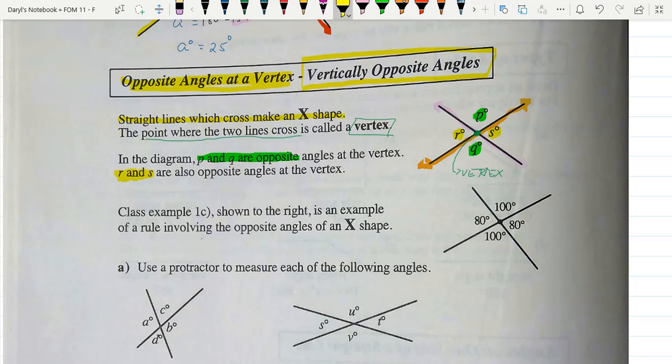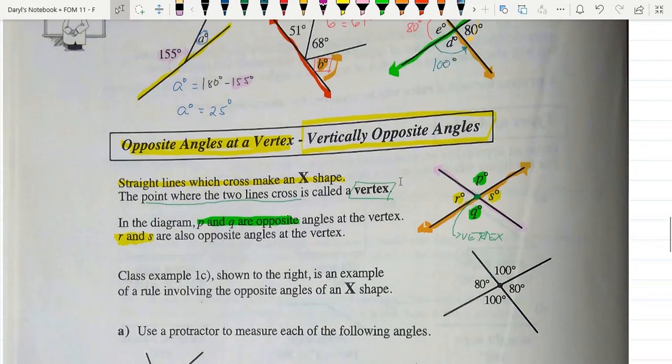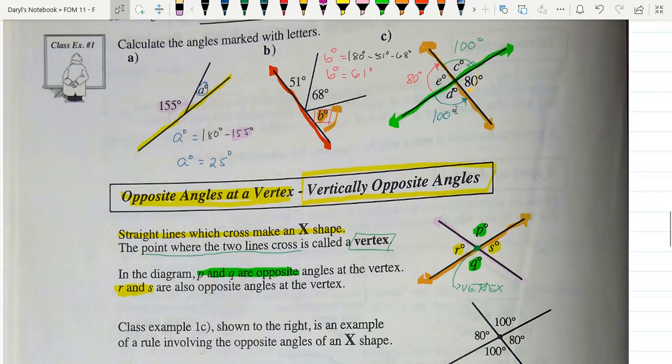So they're opposite angles, again in reference to the vertex. You can relate this with our previous example: C and D are opposite to one another, opposite to this vertex, because this is the point at which the two straight lines intersect.